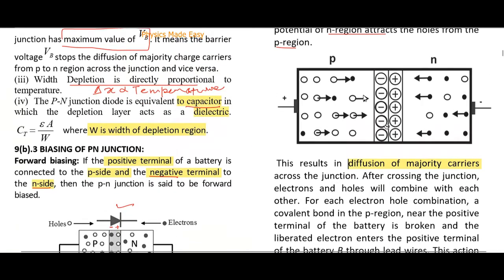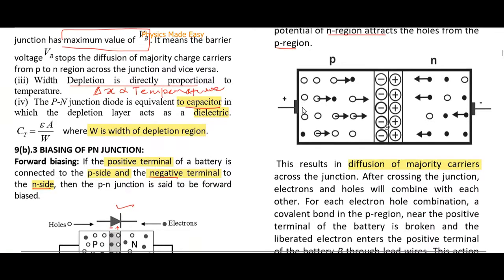For each recombination that is taking place here, note it down, a bond breaks here. Holes move towards the barrier, and electrons towards here. In this way, this equation is balanced.